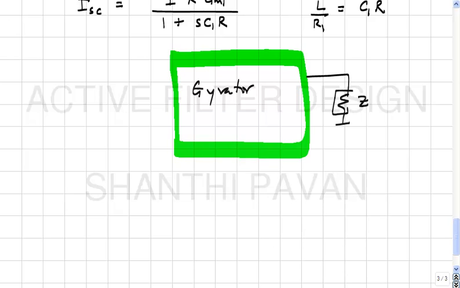Some Z is there here, right? And I am looking at the input impedance here, right? So all that I am saying is that the poles of Z are nothing but the zeros of Z in and vice versa.